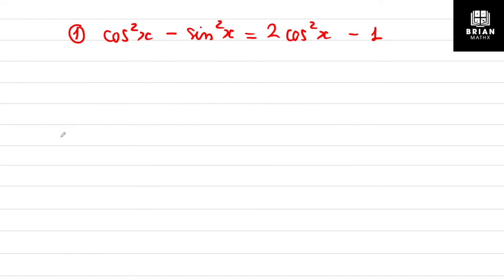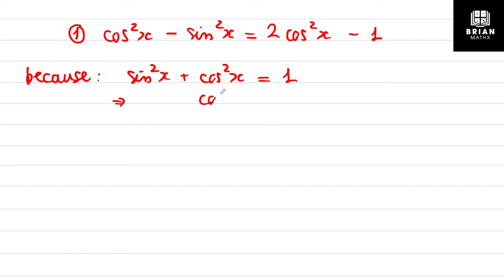But the first thing I need to do is the first question, cos square x minus sine square x. I remember the basic formula of sine square and cos square: sine square plus cos square equals 1. So it is very easy to figure out that cos square x will be equal to 1 minus sine square x.